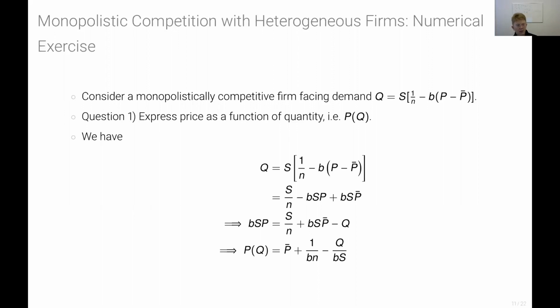In line 3, we add BSP on both sides and subtract Q on both sides. Then to get from line 3 to line 4, we divide by BS. That gives us that the price our monopolistic competitor is going to charge is equal to P bar plus 1 over NB minus Q over BS.